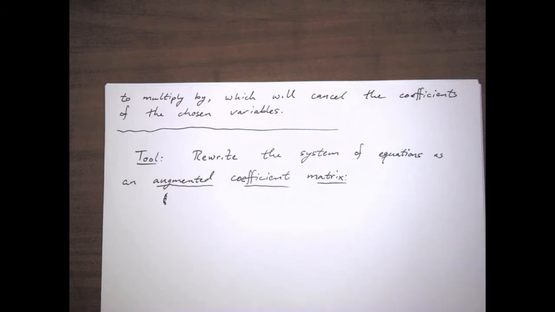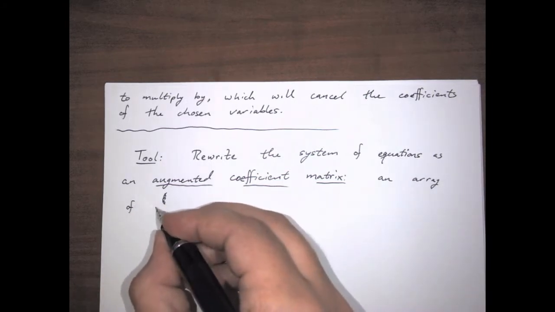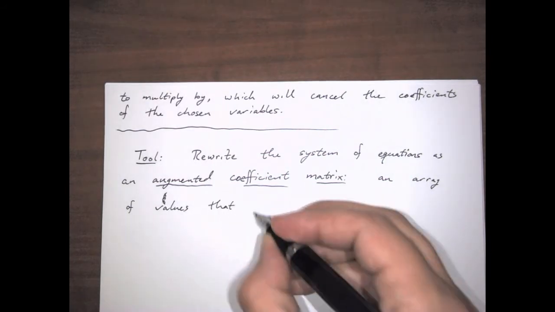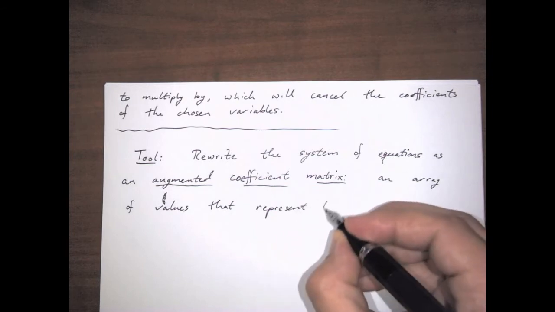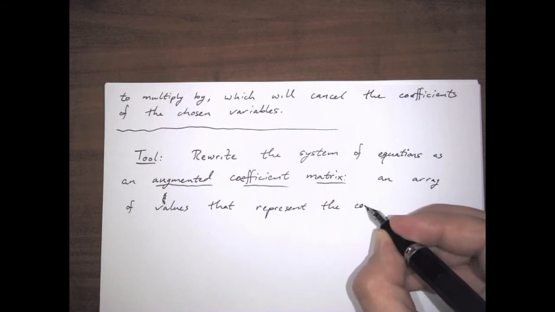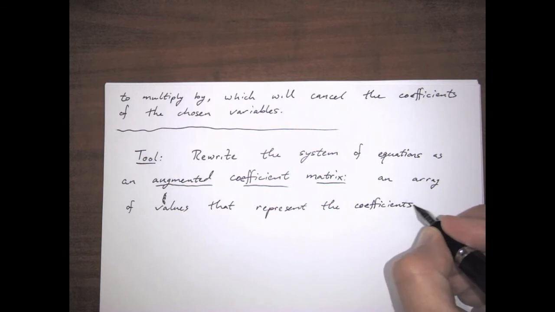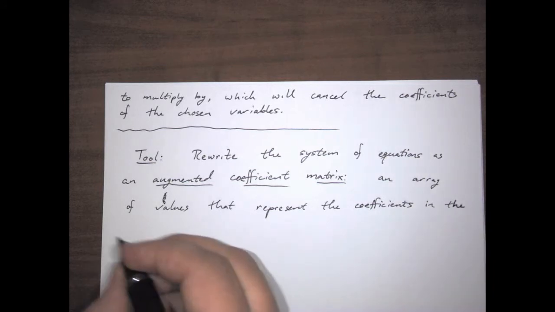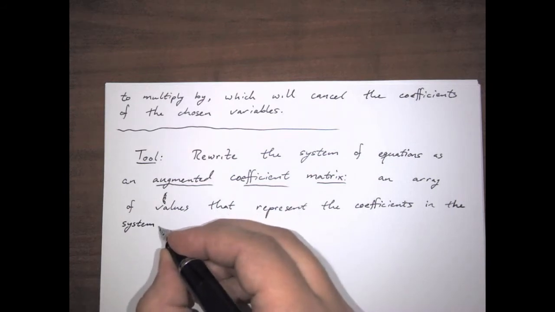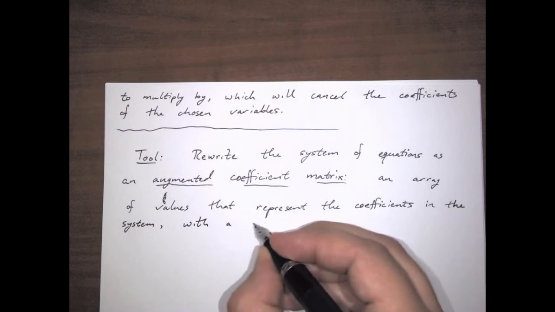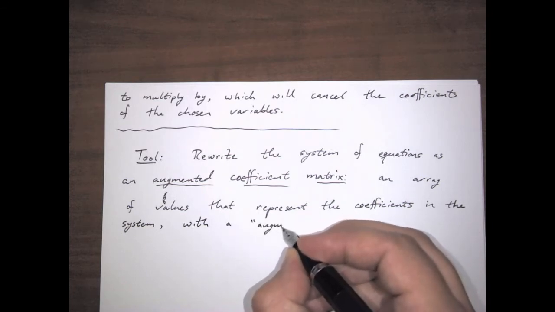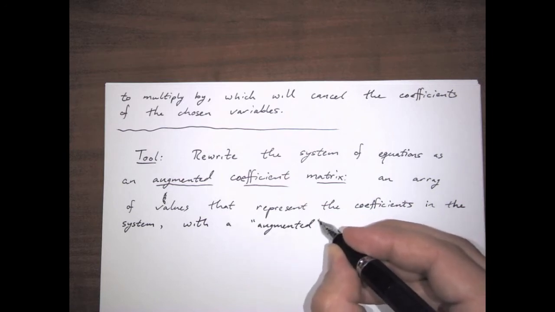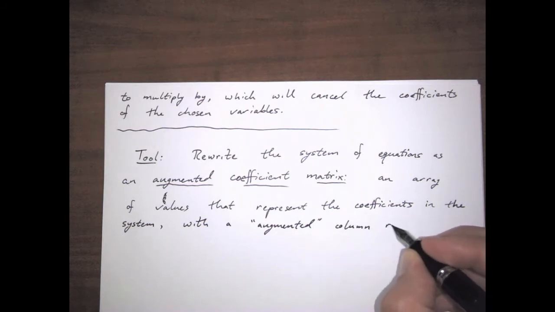What this refers to is an array of values that represent the coefficients in the system, with an augmented column representing the constant terms.